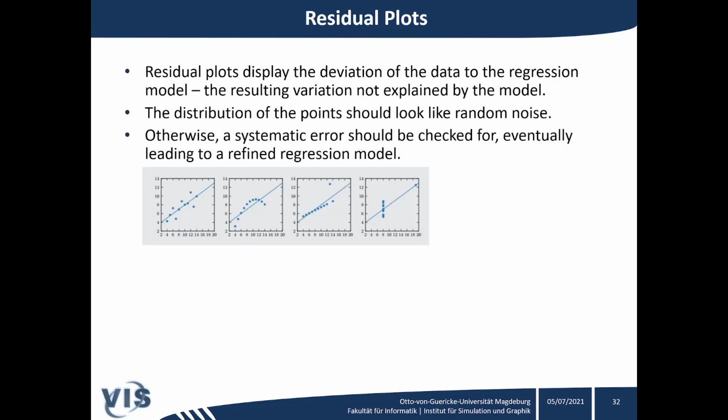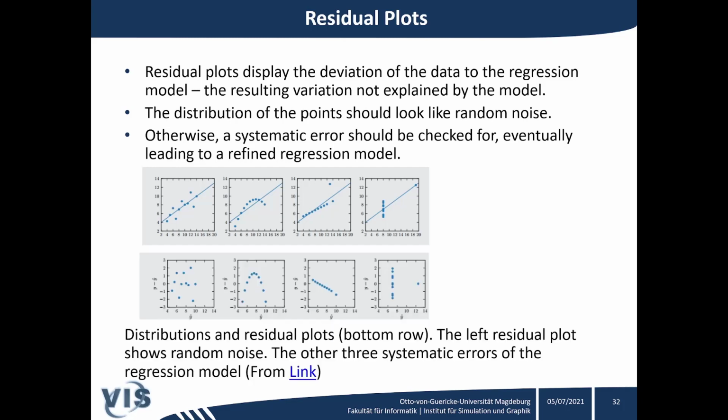Residual plots display the deviation of the data from the regression model, so the resulting variation not explained by the model. The distribution of the points should look like random noise. Otherwise, systematic error should be checked for, eventually leading to a refined regression model. For example, the left residual plot in the bottom row shows random noise, and the other three show systematic errors of the regression model.